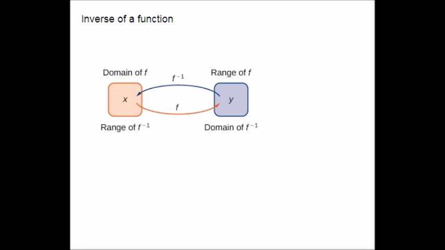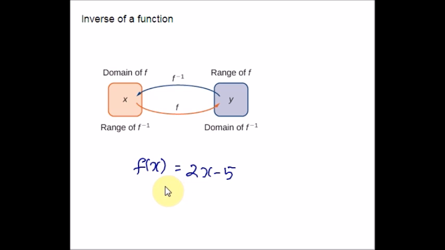Let's look at an inverse function from a mathematical point of view. Consider the function f of x equal to 2x minus 5. If we take any value of x and plug it into f of x, what would happen to that value of x?